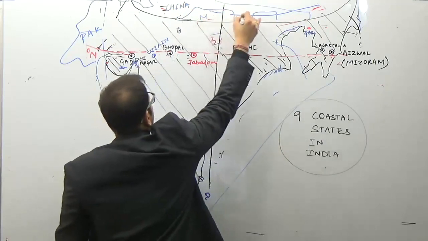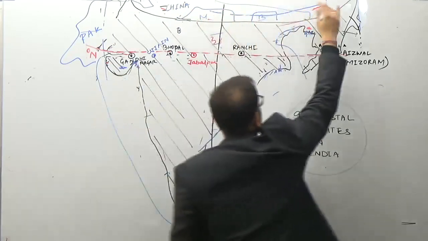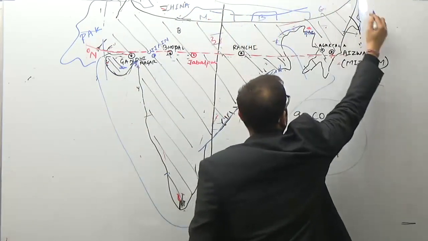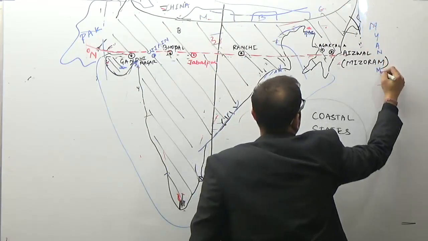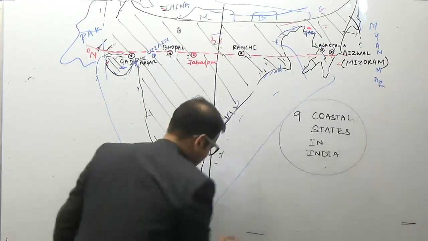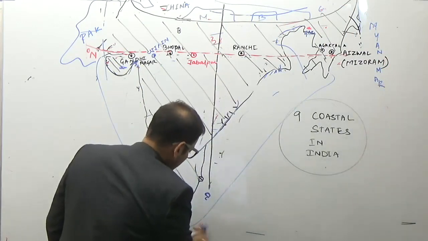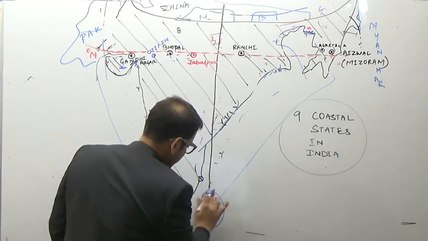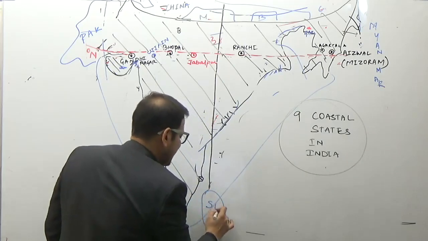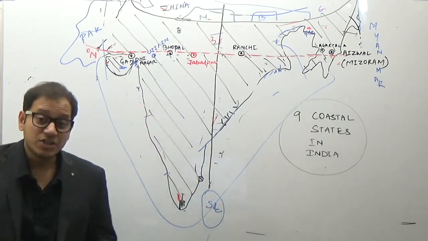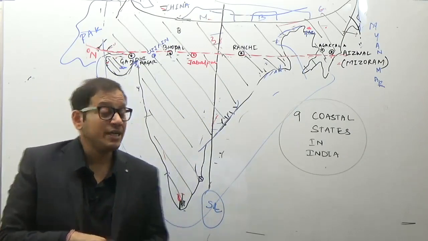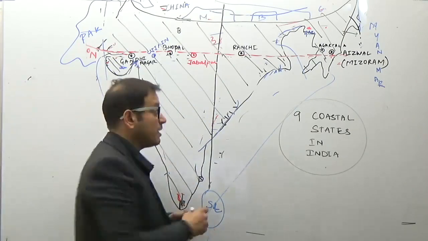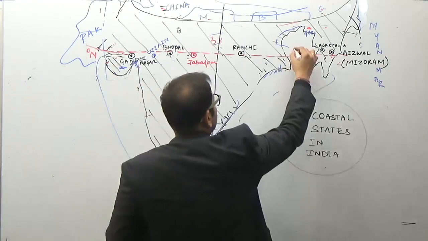There is Nepal, Bhutan, and here again China, and then there is Myanmar or Burma here. And down there is the island of Sri Lanka. But we do not share any land boundary with Sri Lanka. In between there is the country Bangladesh.